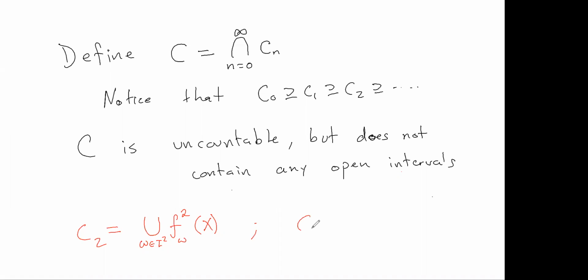In general, Cn is equal to the union over all, let's say, vectors of length n and images of compositions of n maps of x. Remember, x is the interval 0, 1.